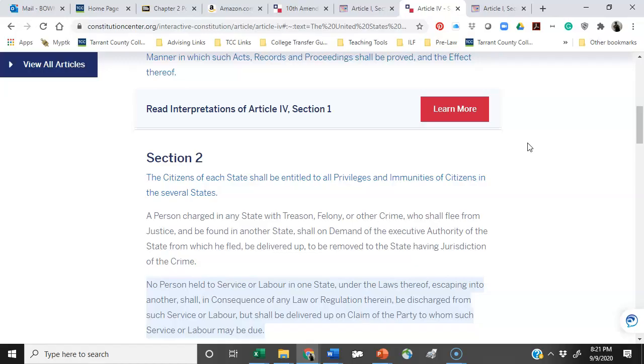I always get two questions when we are talking about the Privileges and Immunities Clause. One thing that students ask about is the fact that you have to pay out-of-state tuition if you have not established residency in a particular state. Your tuition is higher. It seems like you're being treated differently because you are not a citizen of the state.